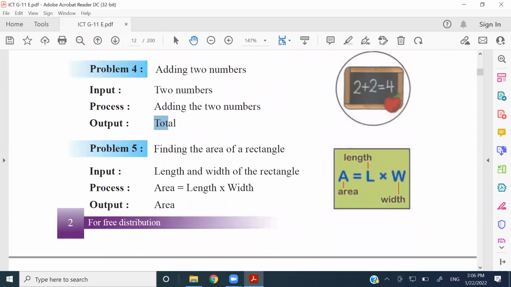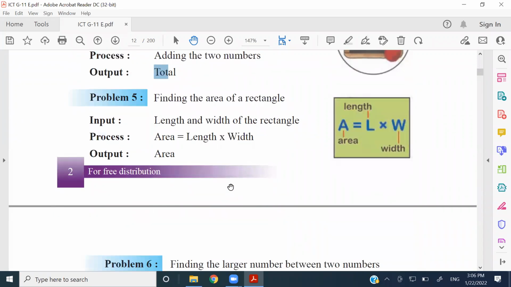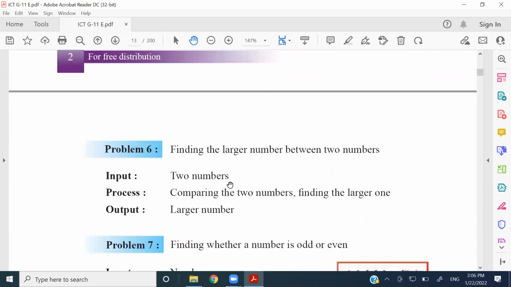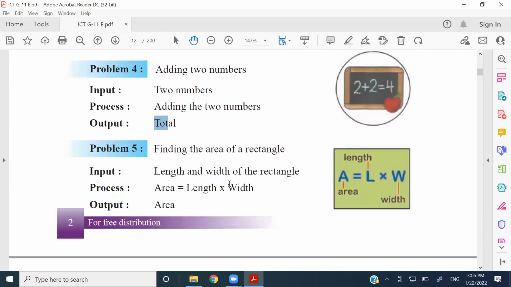And the fifth one is about calculating the area of a rectangle. Here we can give several different alternative solutions, right? If we are going to find the area, there is only this that we can take. But if we are talking about the perimeter of a square or a rectangle, we can define the perimeter in different ways.